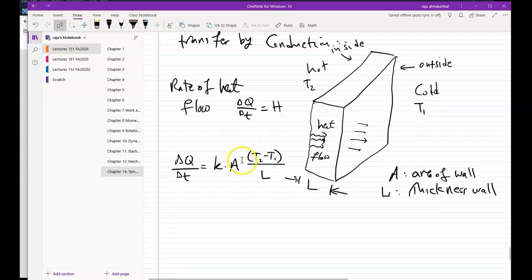You may want to make it positive, though you can relax that rule. And K here is called the thermal conductivity coefficient.